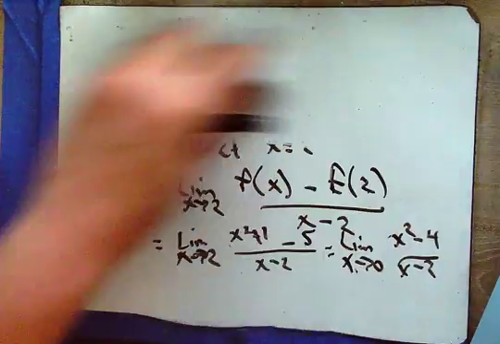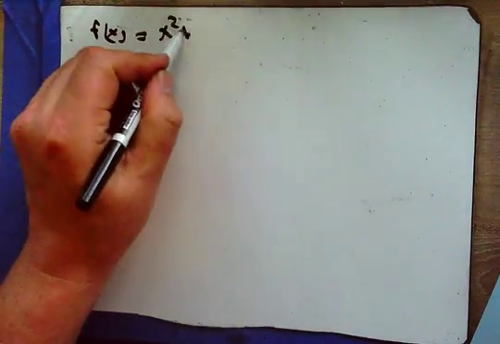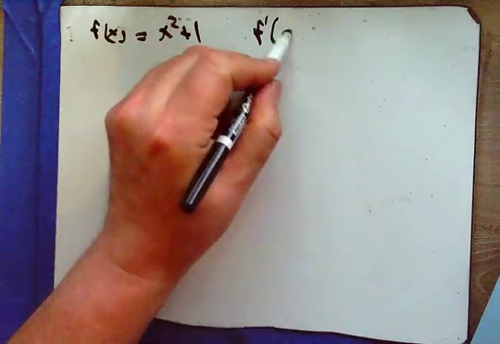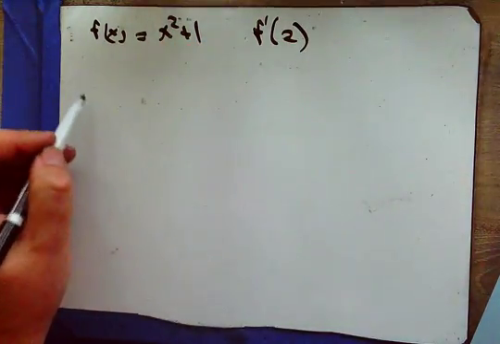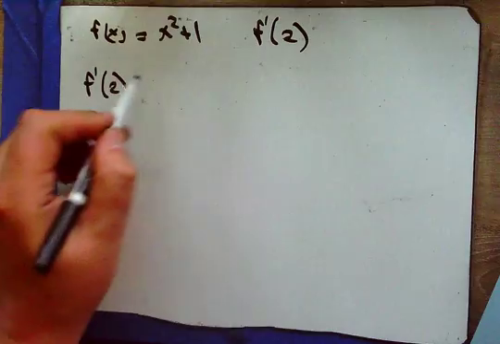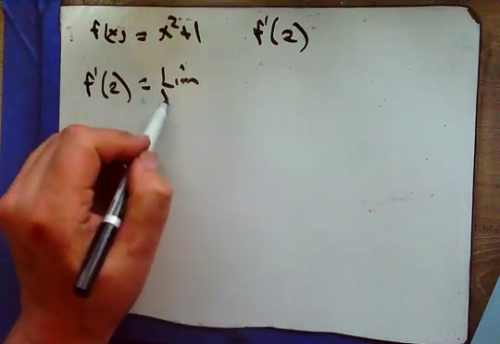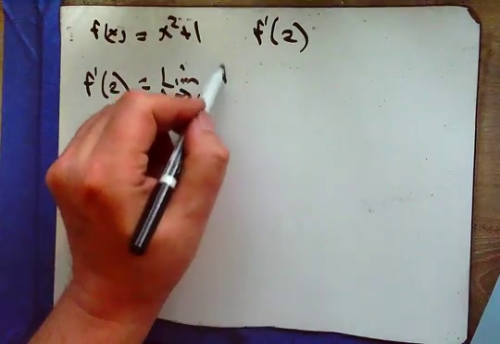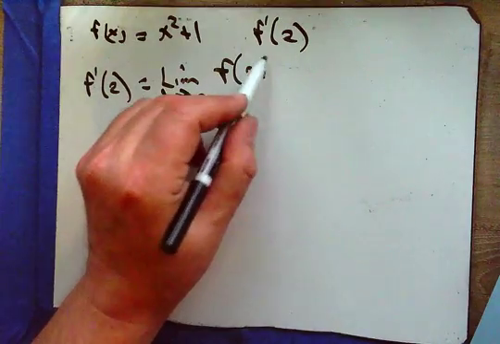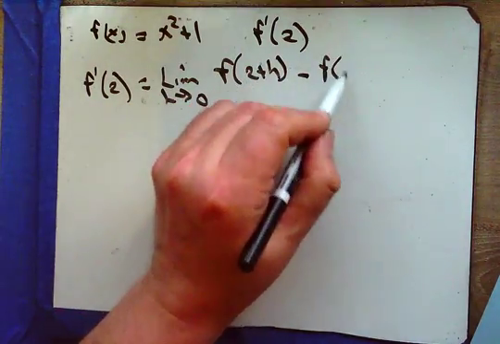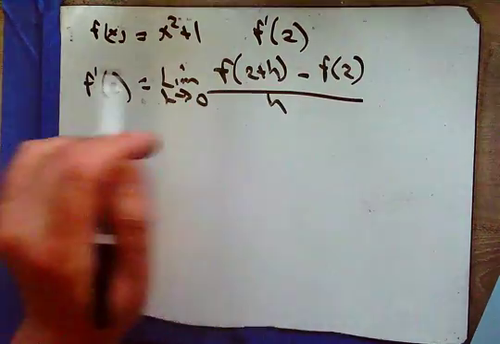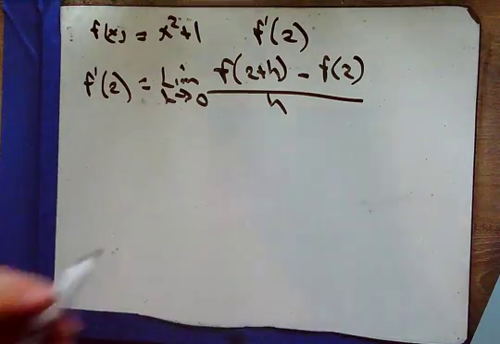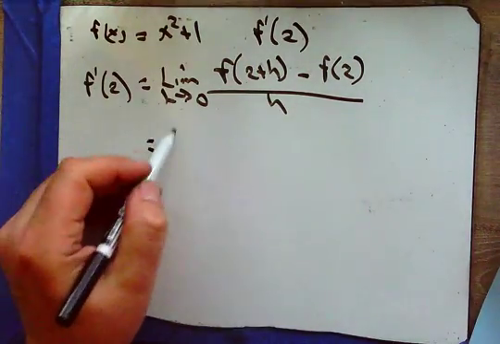All right. Let's do one of those other limit definitions of the derivative. So we know our f of x is x squared plus 1, and we want f prime of 2. So f prime of 2 can be the limit, again, it's h heads to 0, of f of 2 plus h minus f of 2 all over h. Phew, that's the one I wanted. So what can we do here?